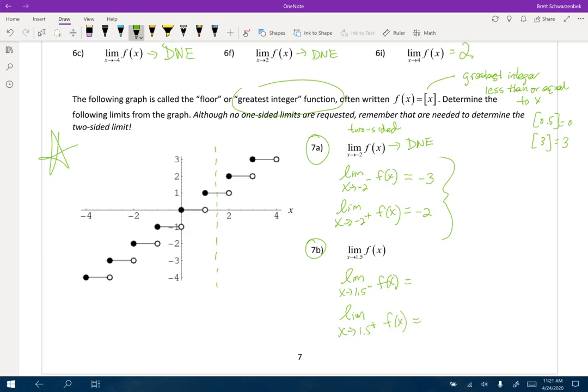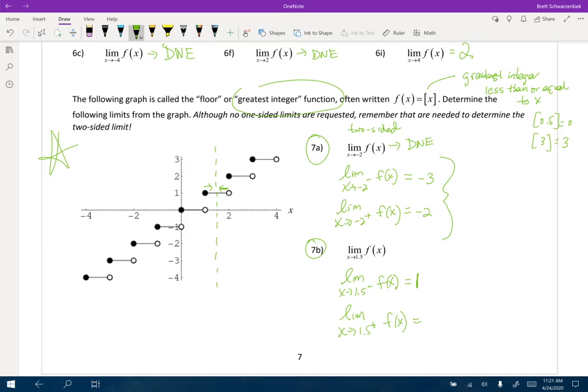All right, so let's try it. It looks like if we're approaching this barrier from the left, we're right on that little part of the barbell. And as we reach that actual barrier at 1.5, it looks like we have a height of 1, right? So what about the right side? It looks like we're again on the right side of that barbell.